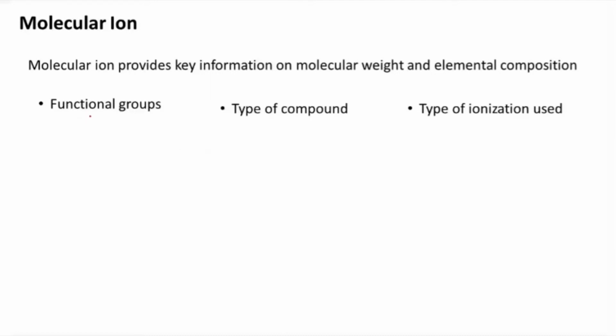If you are in the analysis department and somebody from biotechnology or medicinal chemistry is providing you the compound, then you have to ask whether the chemistry information is available or not. What is the type of compound? These are the two things you need to understand. Then you have to decide what type of ionization method to use.